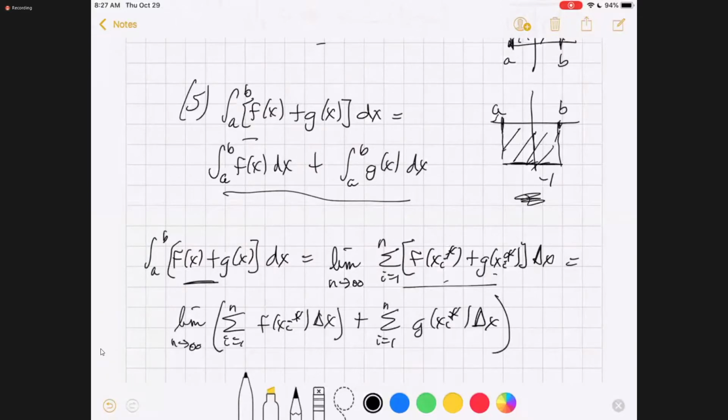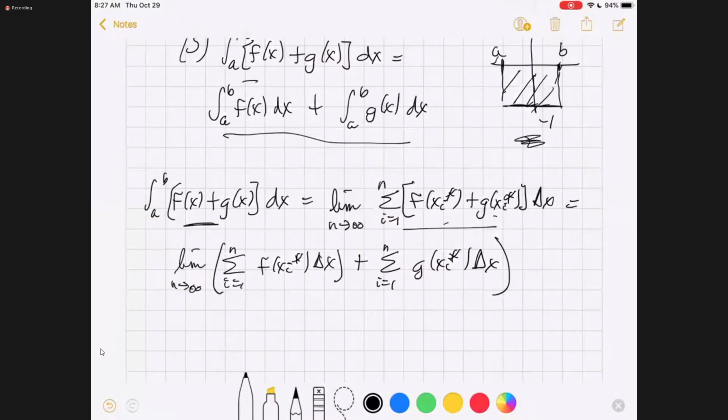And then from the limit laws, I can break that into the sum of two limits.